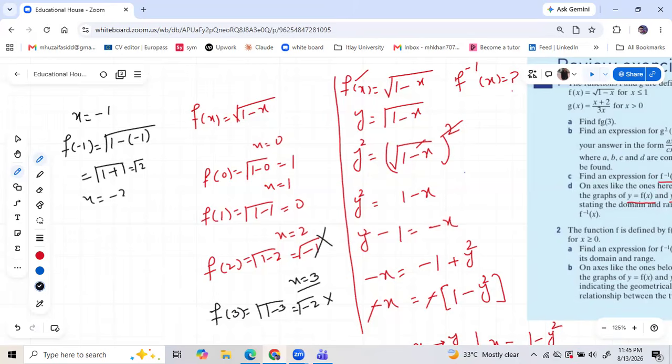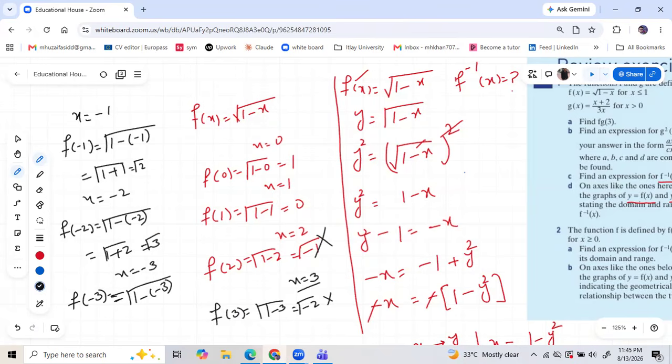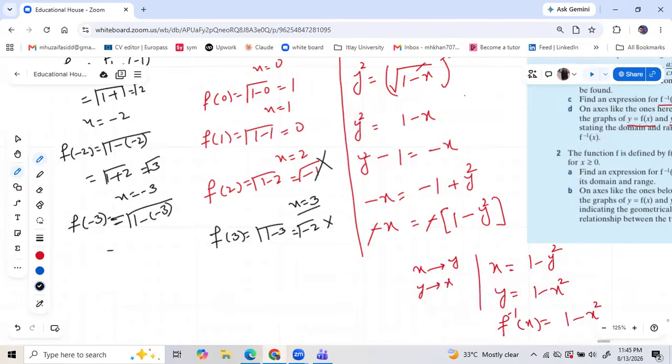If we set x equal to minus 2, f of minus 2 is the square root of 1 plus 2, the square root of 3. And if we set x equal to minus 3, f of minus 3 is the square root of 1 plus 3, which is the square root of 4, equal to 2.